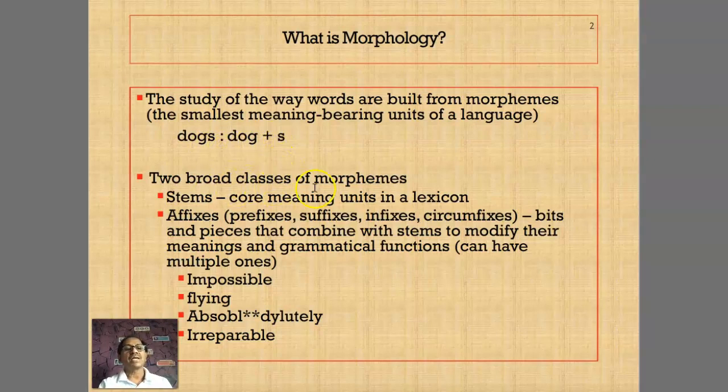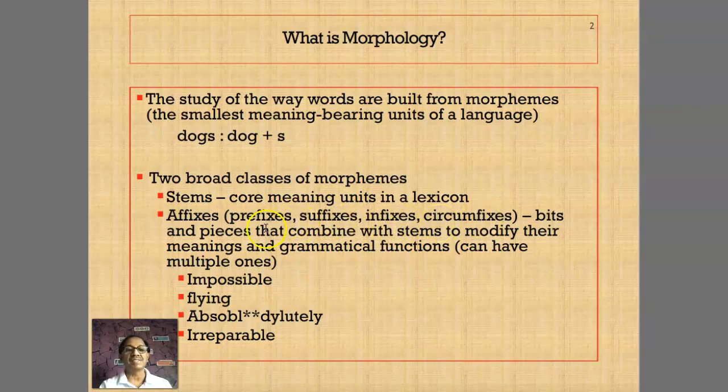There are 2 broad classes of morphemes. One is stems, like the word dog is a stem. It has the core meaning. It is the main unit which gives us the meaning. So stems are core meaning units in a lexicon. And there are affixes, like s in dogs is an affix. Affixes can be prefixes, suffixes, infixes or circumfixes. What are affixes?